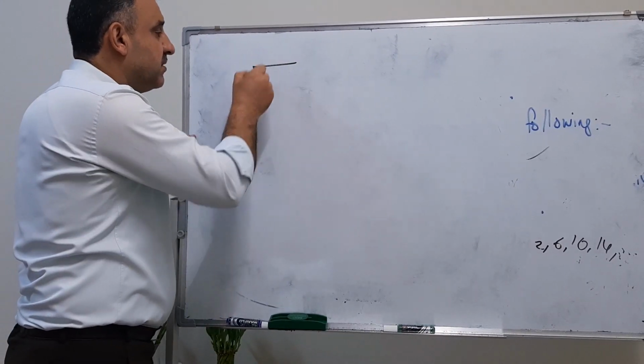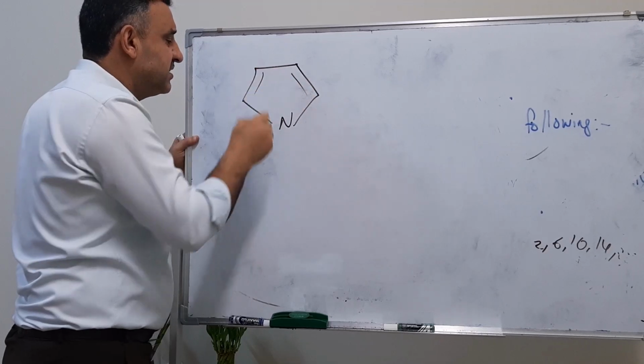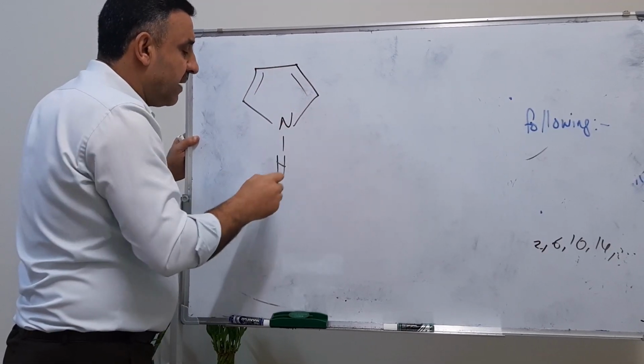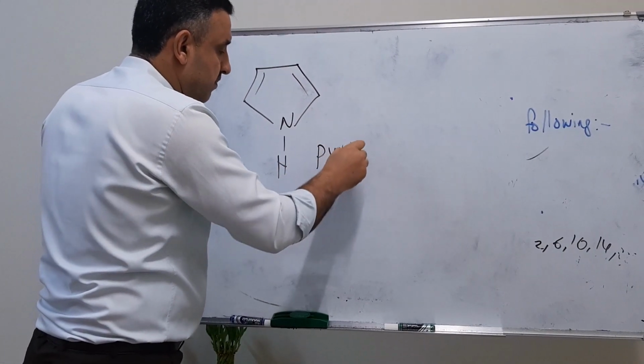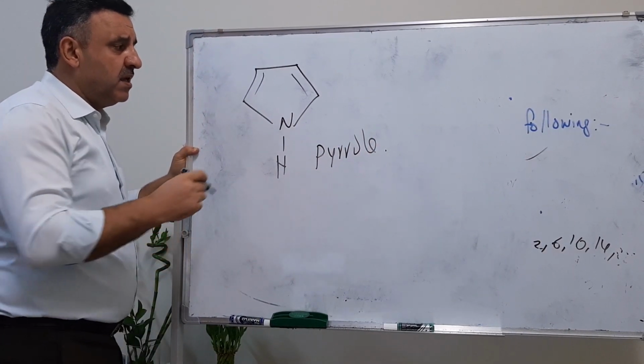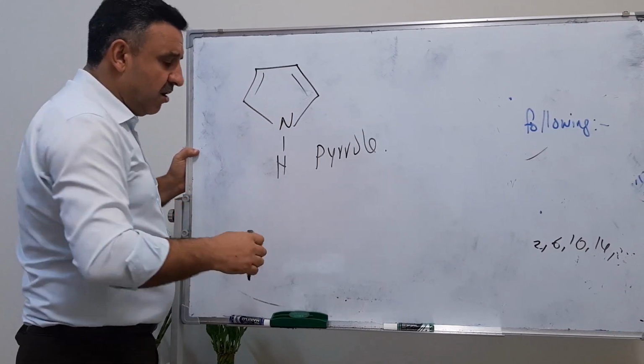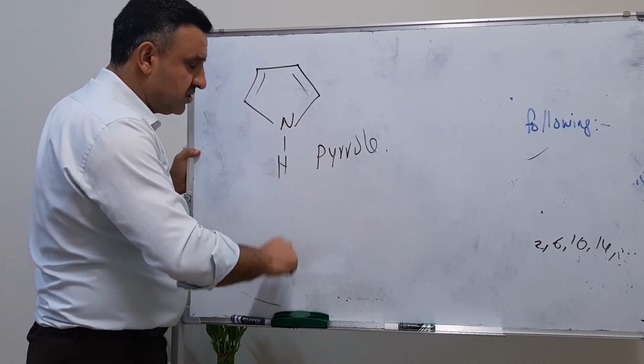For example, let's see this compound, which is one example of a heterocyclic aromatic system, which we call pyrrole. In the pyrrole you can see we have a nitrogen instead of one of the carbons.